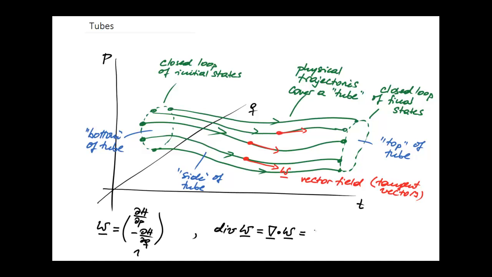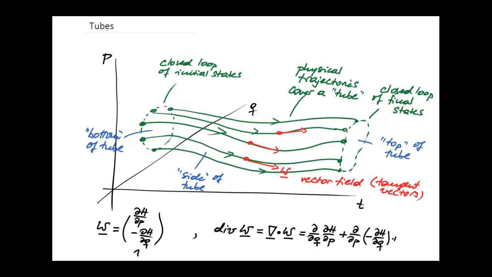It's the partial with respect to Q of the first component of W, but the first component of W is the partial of H with respect to P. Then we have the partial with respect to P of the second component of W, but the second component of W is minus dH over dQ.